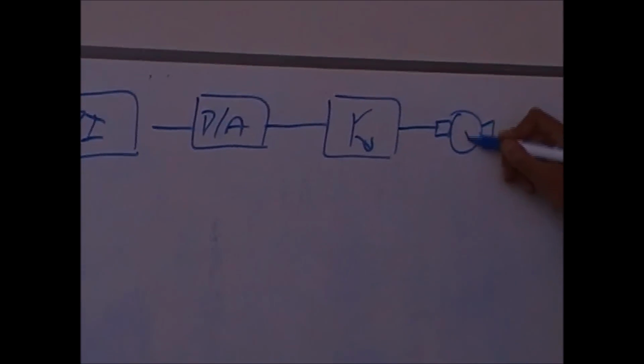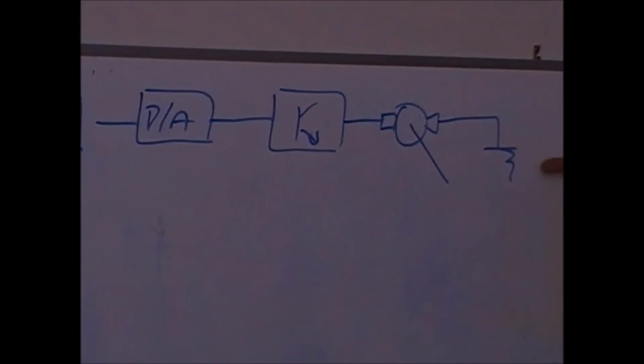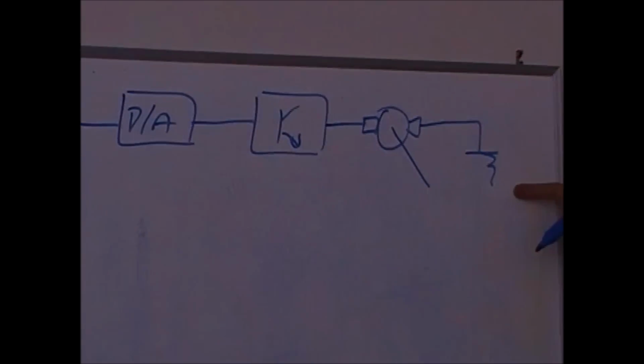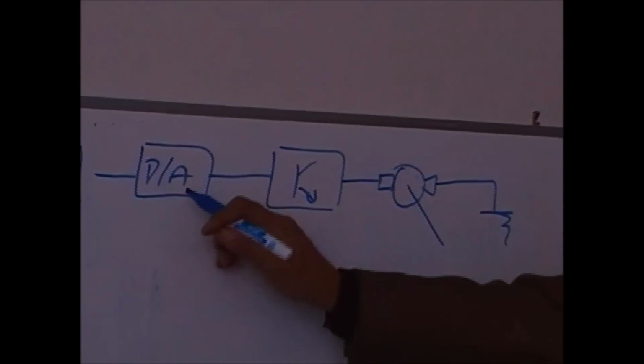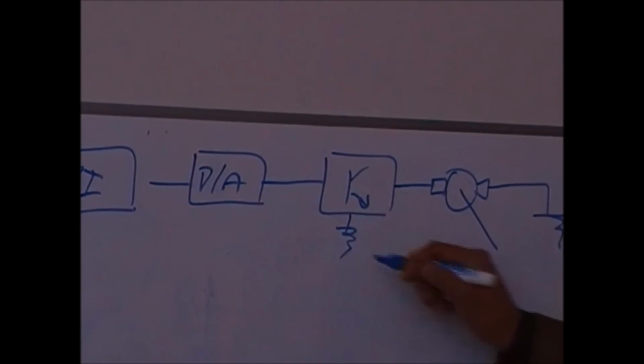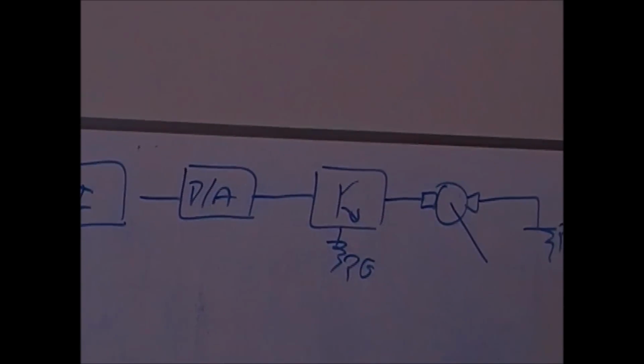So this is controlling a motor, and the speed of that motor. We already discussed the ground. So this circuit here is going to be a power ground, I'm going to put PG.